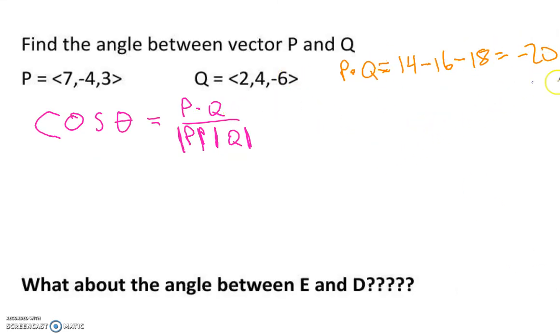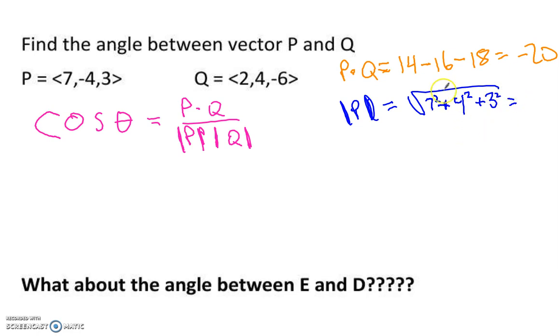Got that. Let's go ahead and find the magnitude of each of these. So let's start off with the magnitude of P. That is going to be the square root of 7 squared plus negative 4 squared. Remember, nobody cares about the negatives, and I don't trust you to put it in the calculator correctly. So for magnitude, don't even worry about it.